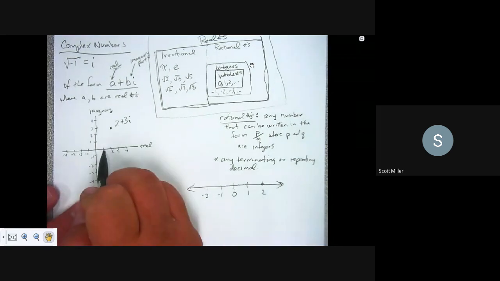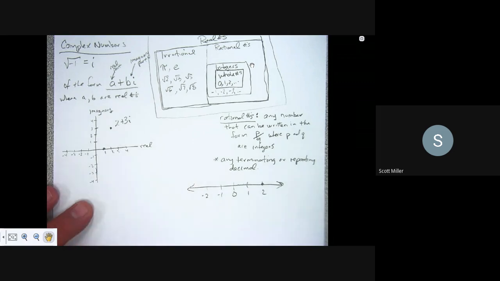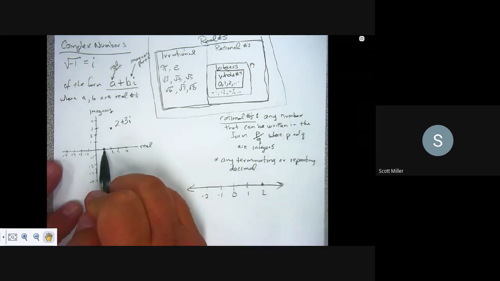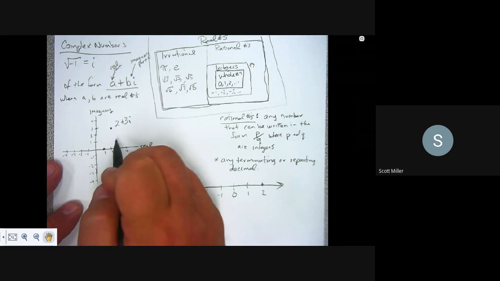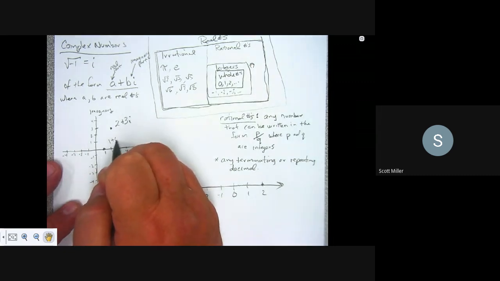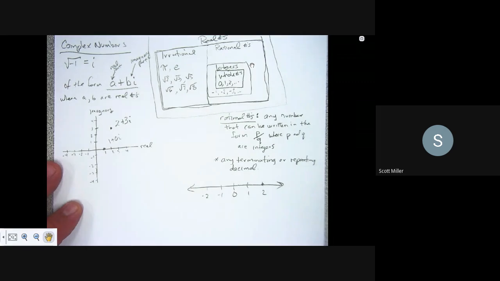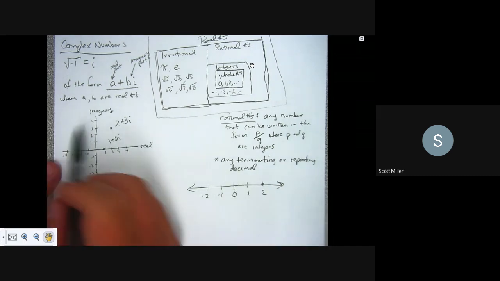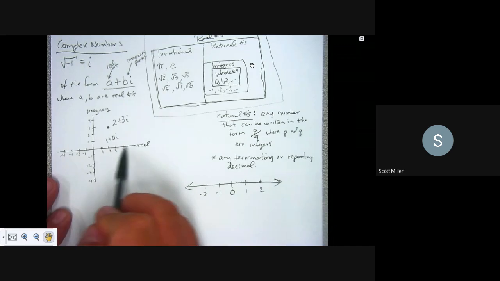So what if I put a dot right here on the real number line? Well, if I was graphing in the real numbers, it would just be a dot at 1, wouldn't it? That's a real number, isn't it? So what is this dot called in the complex number system? It is 1 on the real and 0 on the imaginary. So you have to write it as 1 plus 0i. But please remember, every single real number is also a complex number.